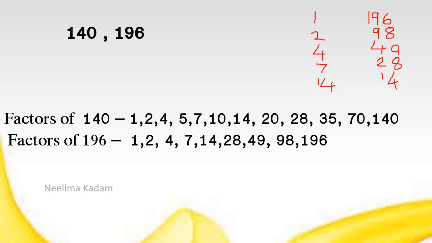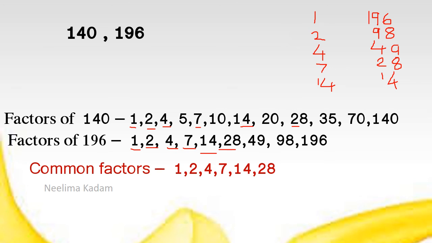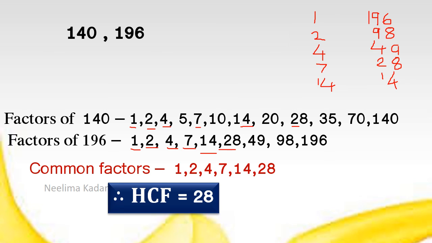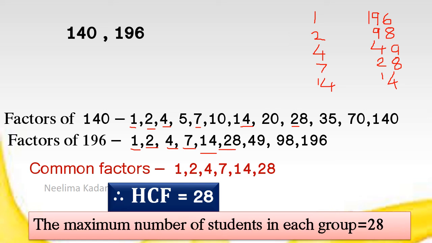So in this way we can find out the factors. Now common 1, 2, 4, 7, 14 and 28. Okay, these are the common factors, and out of these greatest will be 28. Therefore the maximum number of students in each group will be equal to 28.